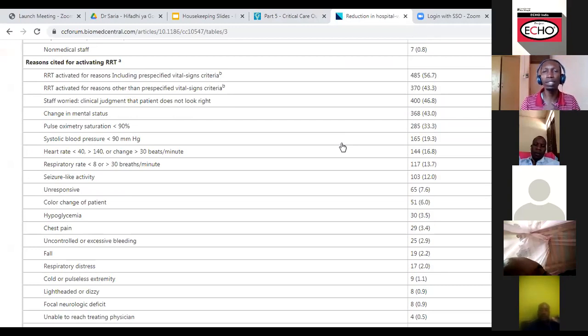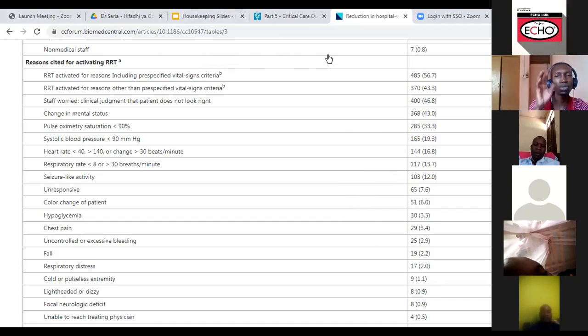They have a concern that there is a change in the condition of that particular patient. So even if everything else is normal, but someone who is staying with that patient for most of the time, taking care of them, is concerned that there is something wrong, then you can activate your team to come and assess the patient. Or if you are able to assess, you can start the assessment, then activate the team to come and do much more of what you are not supposed to be doing or can't do. I think that is clear and understandable.